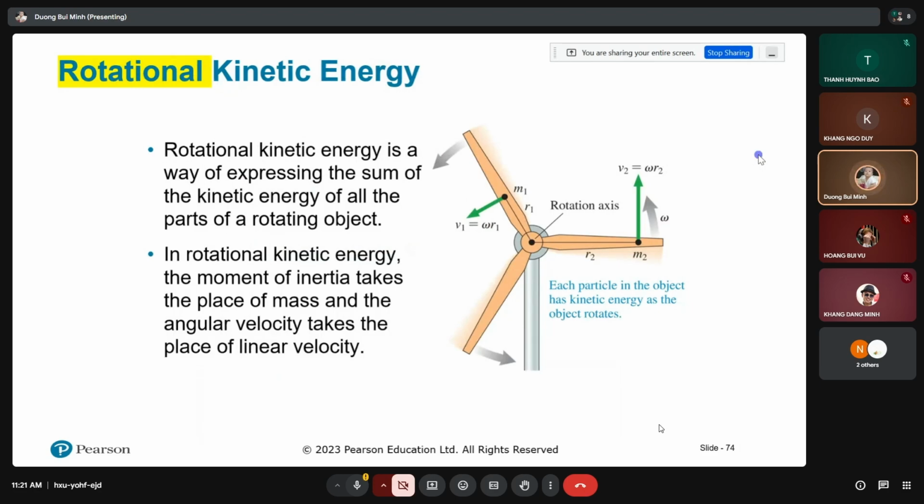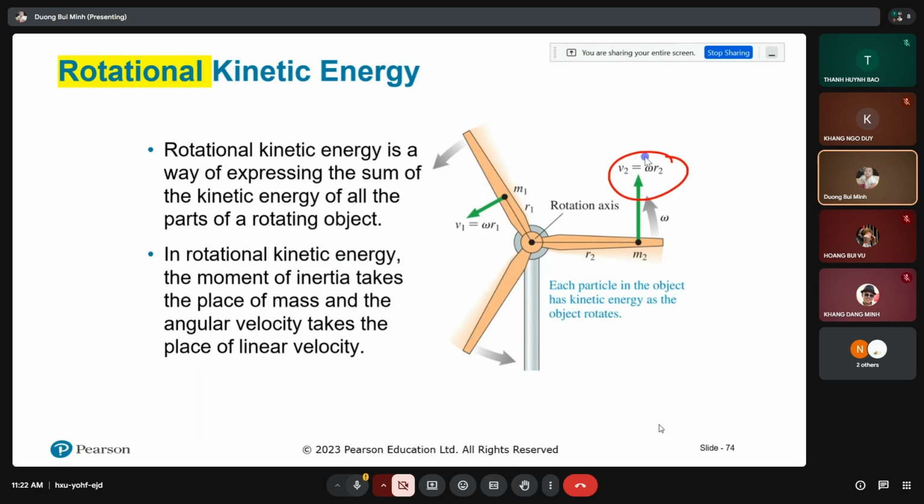We have rotational kinetic energy. We have example before, right? So for this one, we need to calculate velocities, but this one is angular, right? Angular velocities. Not translational velocity. This is angular. The v is omega r. We know before, right? R is radius, so omega is angular speed.